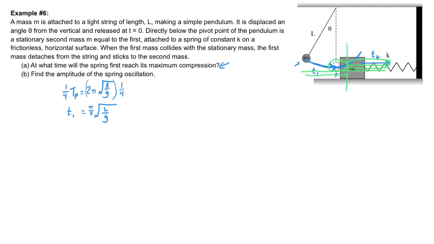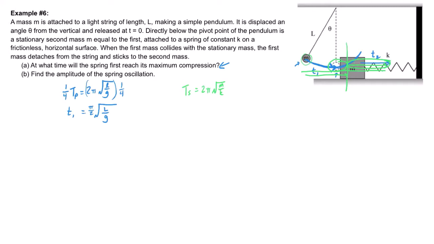And so I can use the period of a spring. The period of a spring is equal to 2 pi square root of m over k. Now remember that m here is 2m, because you have both the pendulum and the block, which are going to be moving together, right?